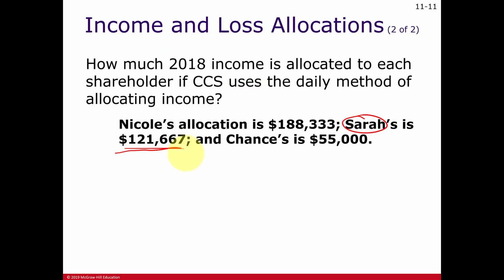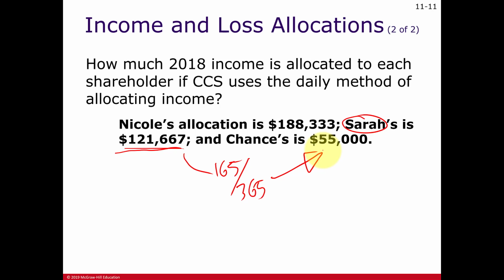So you're going to take this amount, and that's what Chance would have also if he held it for the whole year. But he had it only for 165 days out of 365. So if you multiply this fraction times the 1/3 share, what you'll get is the amount he has to report of the S corporation's income for the year.